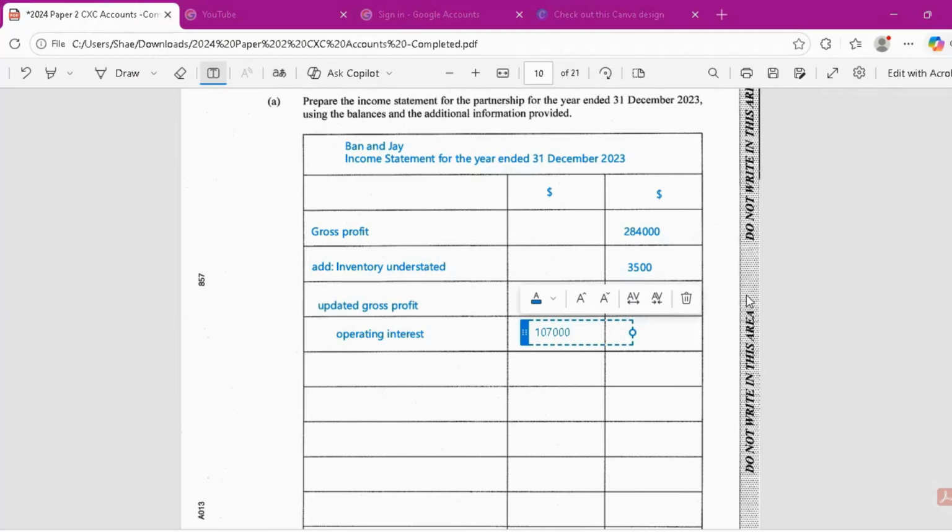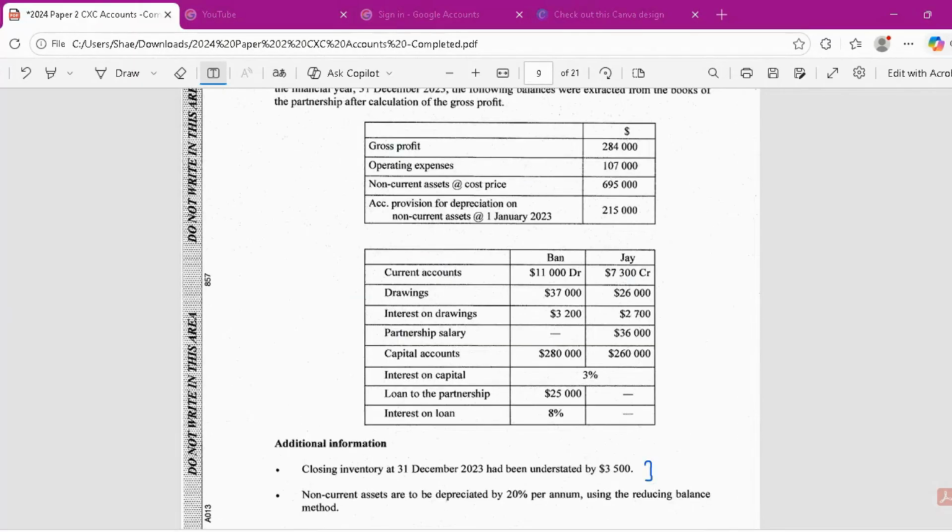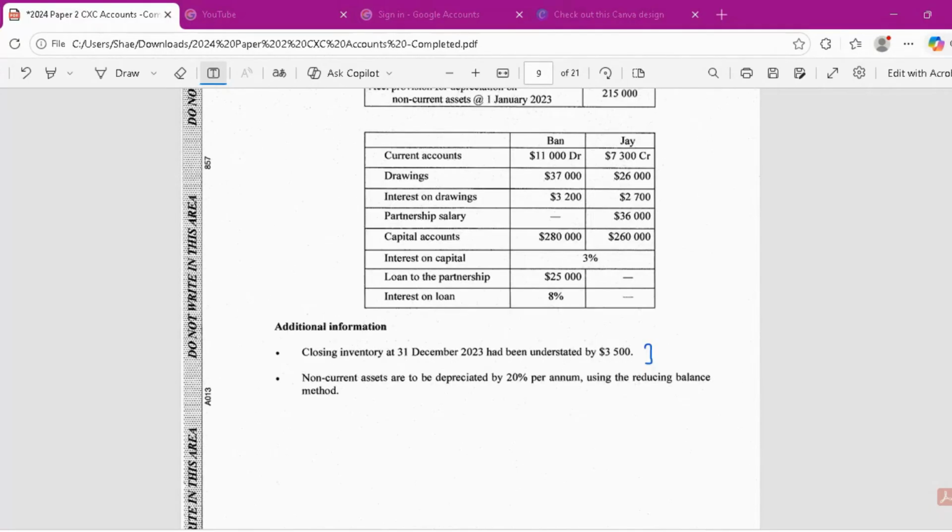Let's look back at depreciation. So they told us that there's an accumulated depreciation of 215,000, and the non-current assets cost price is 695,000. Now, since we're doing the reducing balance method for depreciation, and they said 20% should be charged, this is how we would calculate the depreciation.